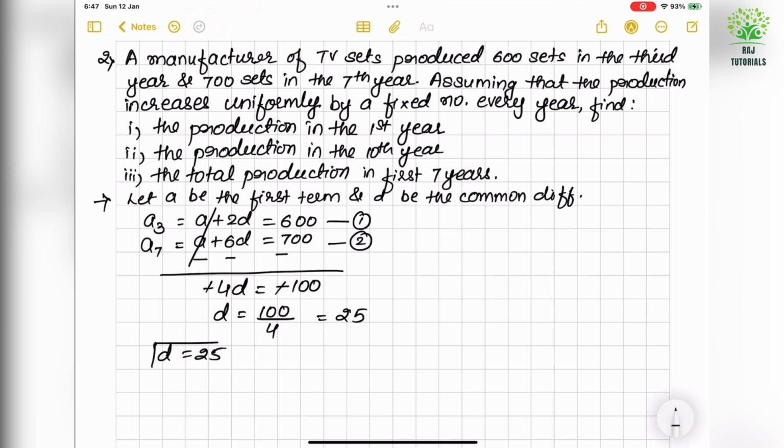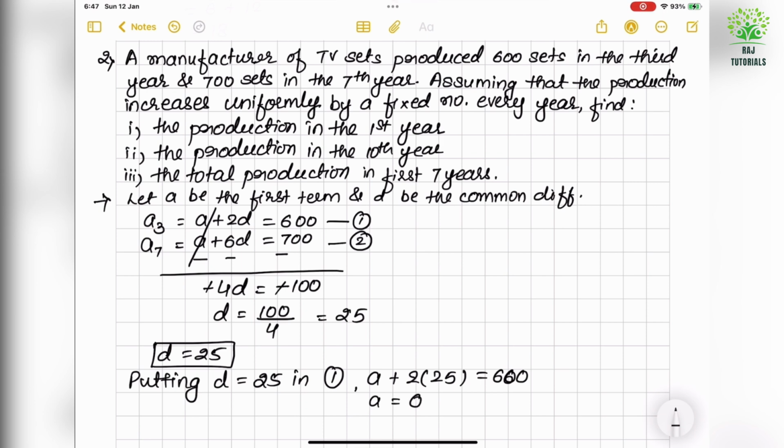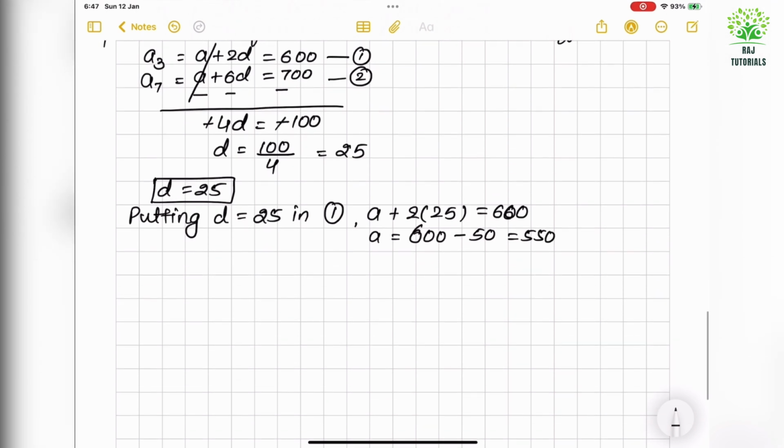Now putting D equal to 25 in 1, A plus 2 into 25 equals 600. So A equals 600 minus 50. So that will be 550. So therefore A equals 550.